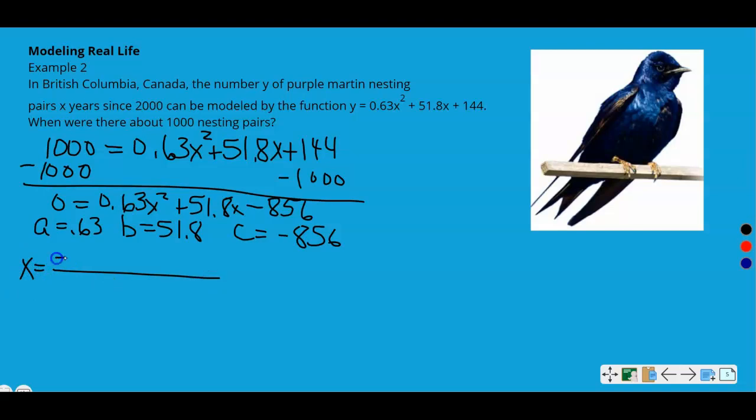So we're going to have negative B plus or minus the square root of B squared minus 4 times A times C over 2A.